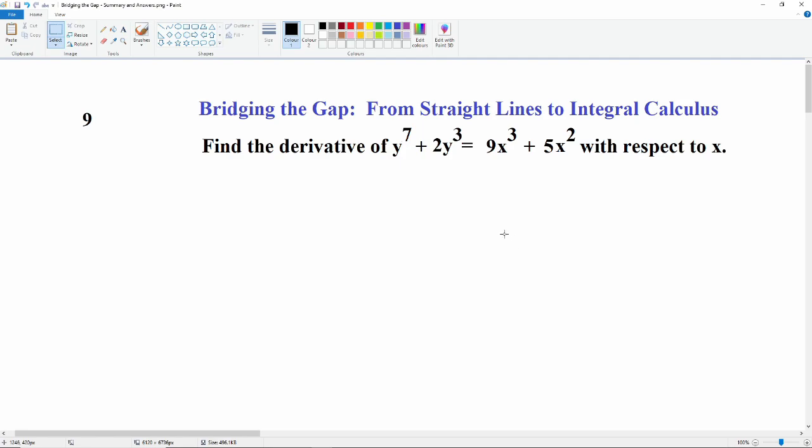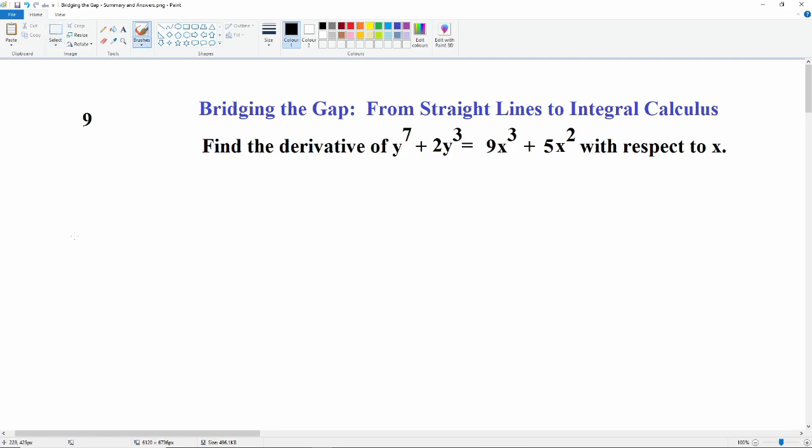Okay, so picking up in question 9, it says find the derivative of y to the power 7 plus 2y cubed equals 9x cubed plus 5x squared with respect to x. Well, that would be really difficult to do explicitly, so this just screams implicit differentiation, doesn't it?